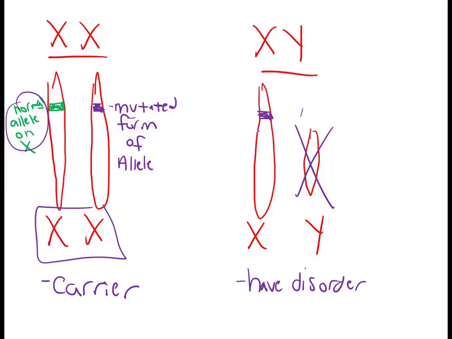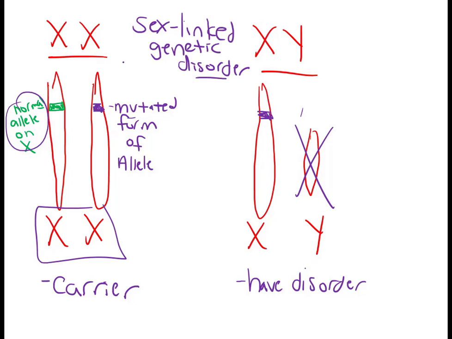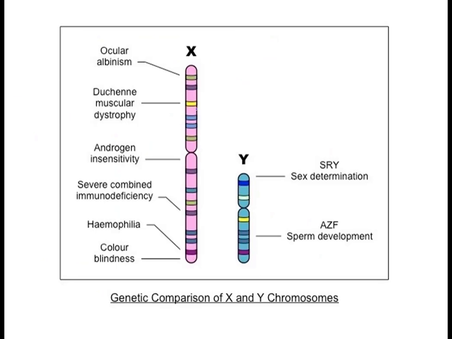So any disorder that can be carried on this X chromosome is called a sex-linked disorder. And like I mentioned, sex-linked disorders are almost always on the X chromosome only, and they're almost always recessive, meaning if somebody has a normal version, it'll mask the mutated version. This picture is showing several examples of sex-linked disorders that could be caused due to a mutation on the X chromosome.